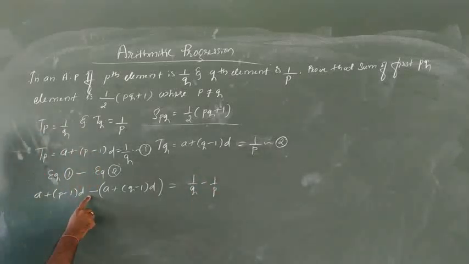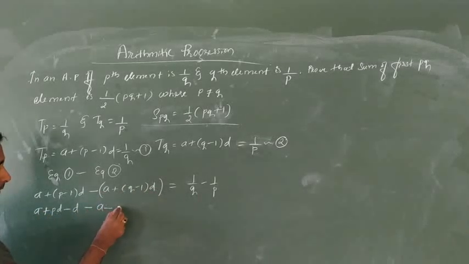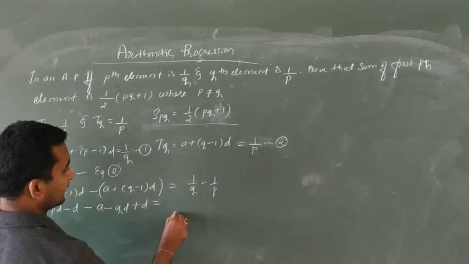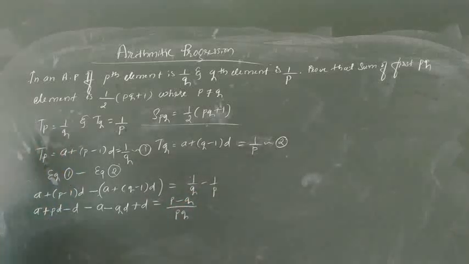Okay, so multiply that minus inside the bracket: A plus PD minus D minus A minus QD plus D is equal to, by LCM, PQ is the LCM, P minus Q. Okay, so here which terms cancel: plus D and minus D get cancelled, plus A minus A get cancelled.